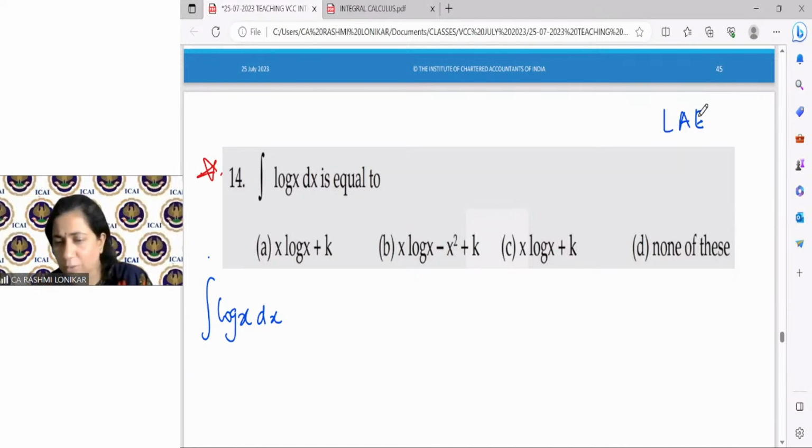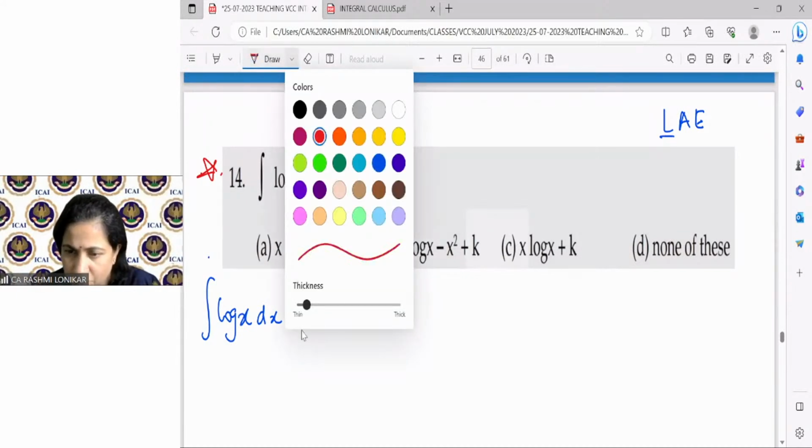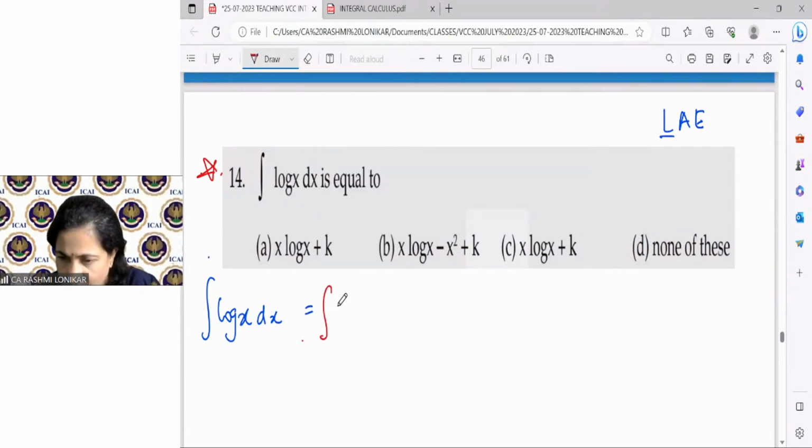So what I do is I know the derivative. L comes first, then E. So I'm going to write this as the most important step, just be careful with this: integral of log x into 1 dx.